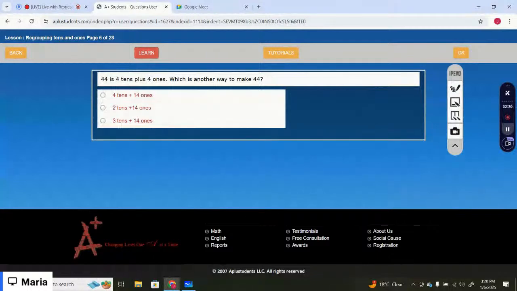44 is 4 tens plus 4 ones, which is another way to make 44.